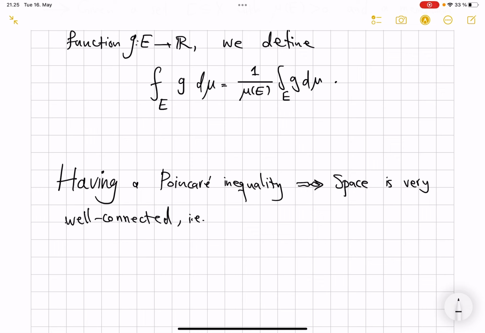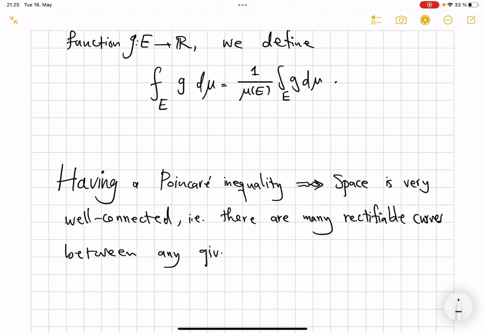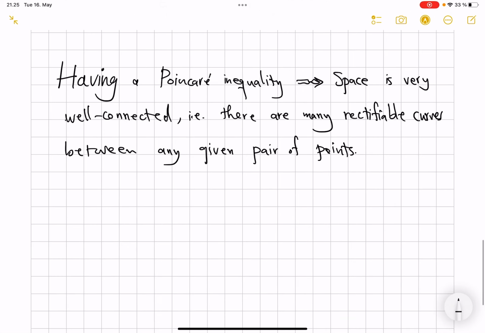That there are many rectifiable curves between any given 2 points. And for example, the simplest fact is that if you support the Poincare inequality, your space has to be a connected space.